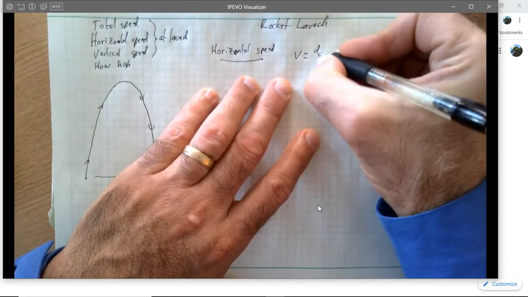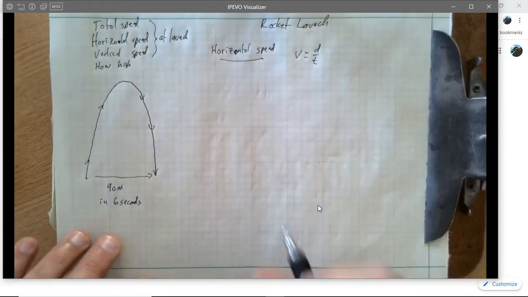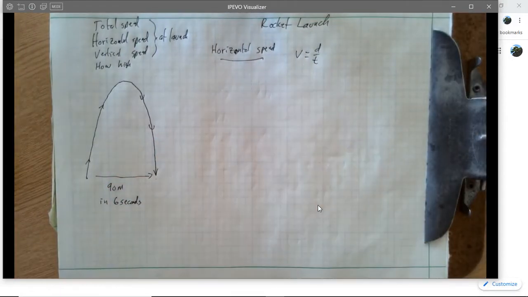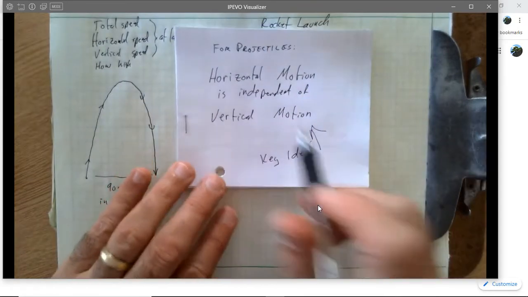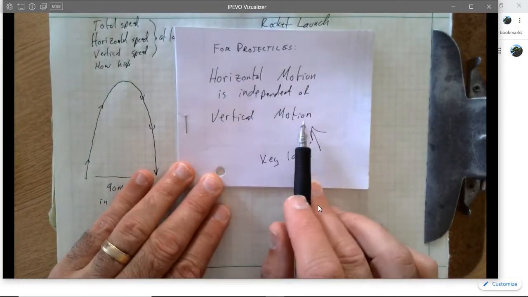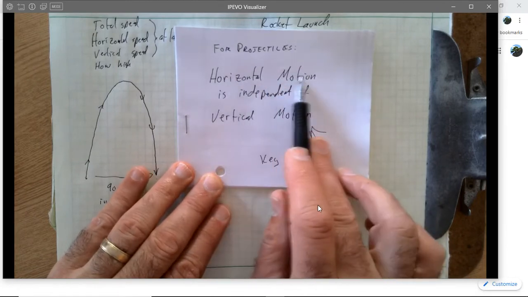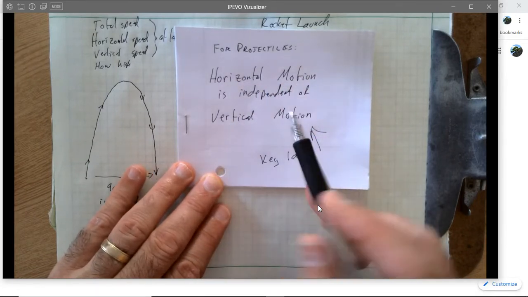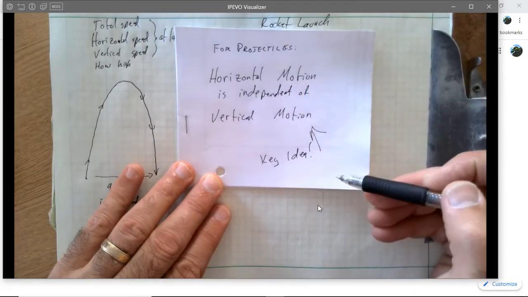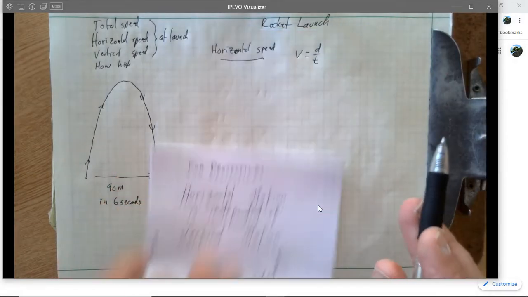speed is equal to distance divided by time. Now remember, when you're talking projectile motion, horizontal motion is independent of vertical motion. So however fast a thing is moving horizontally, that never changes. The vertical motion does change because gravity is changing it as it goes along, but the horizontal motion is always the same.